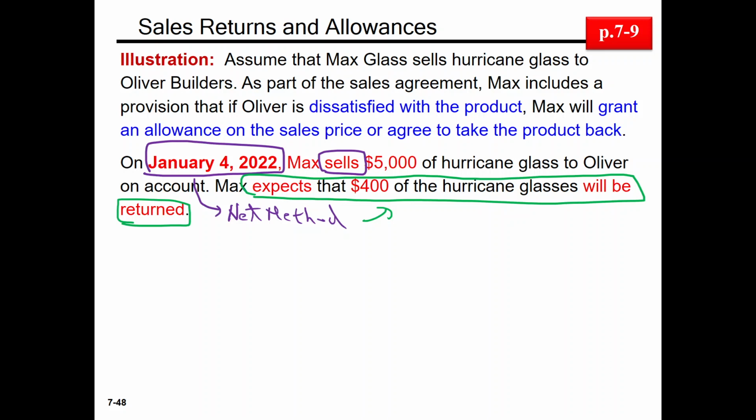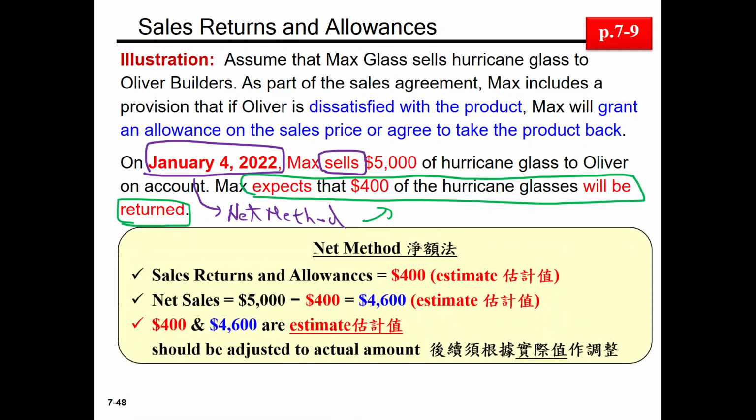So based on this, how many numbers are we going to have? Net methods. I expect sales return allowances of $400, because I expect in the future they will return $400 of products back to you. Then what's your true sales? What is the amount you expect to receive from customers?